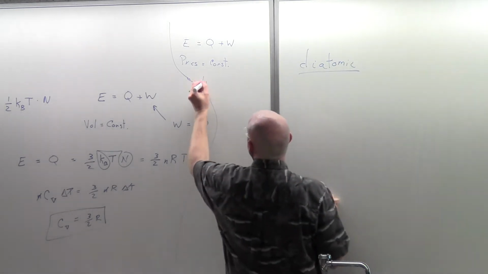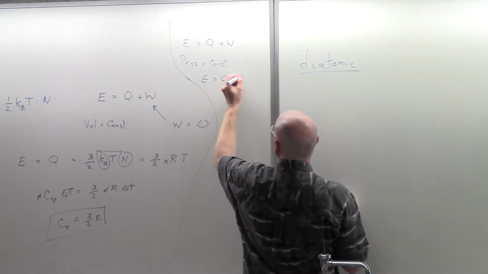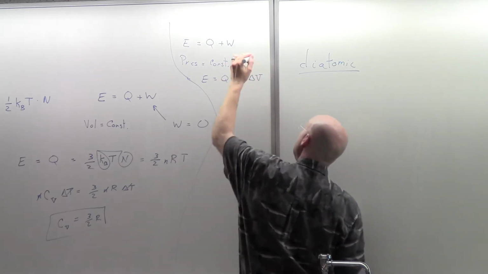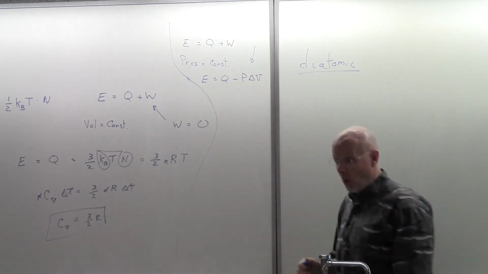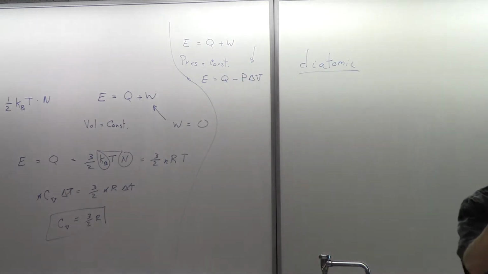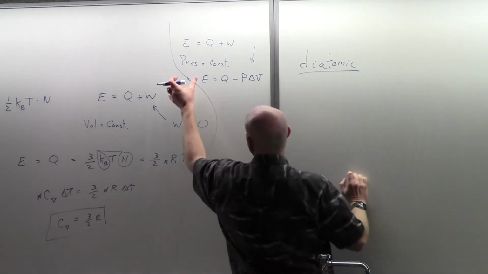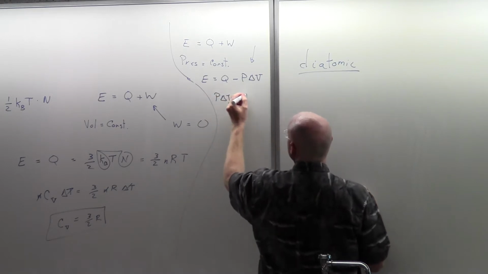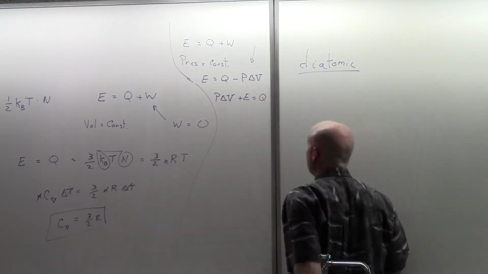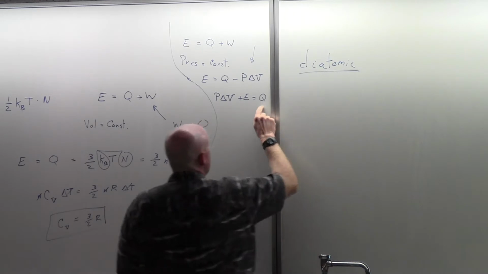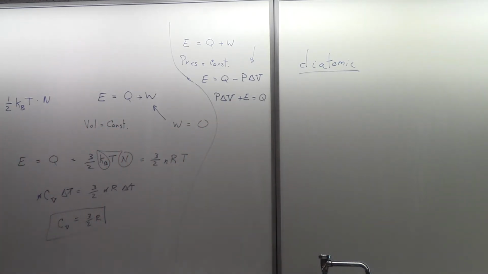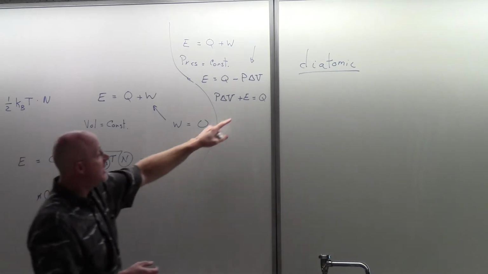And so we would have E equals Q minus P delta V, where this P delta V is the work we get when we have constant pressure. Meaning then, as we move this to the other side of the equation, P delta V plus E is equal to Q. And that was our answer, that the Q here is going to be more than what we had before. Before we just had the E.